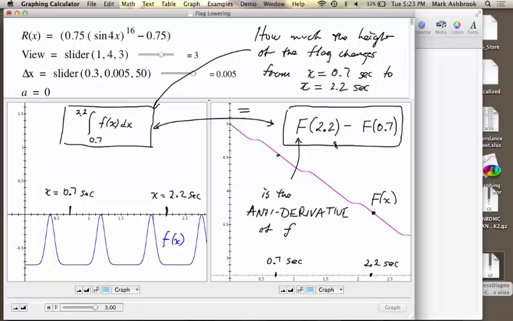And that will give you the change, in this case, the height of the flag. And so those two things are equal. That's principle 6: there's two ways to calculate the total change in a quantity, as an integral, and just simply as final minus initial of the quantity function. And that completes the fundamental theorem.